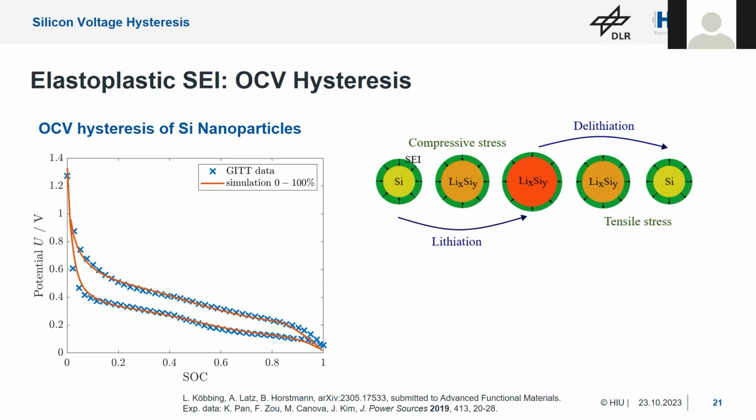The idea is that, as I told you before, quickly you run into a plastic flow of the SEI. And when there's a plastic flow of the SEI, it has a constant pressure and it acts with a constant pressure on the silicon particle. And this constant pressure can explain this constant hysteresis.